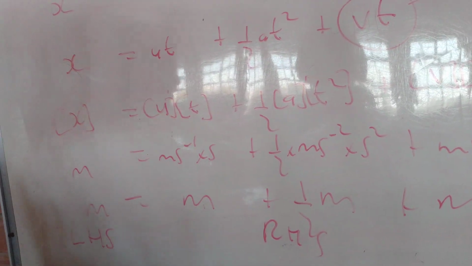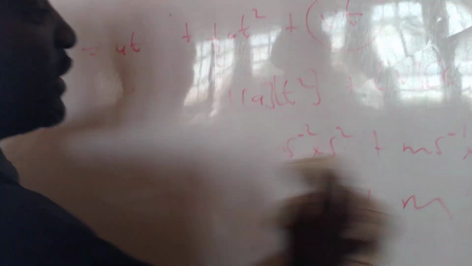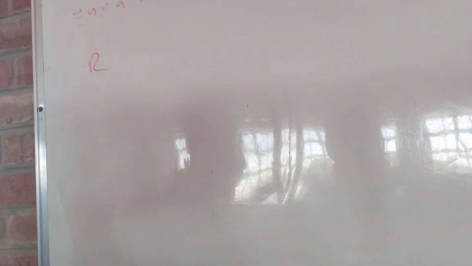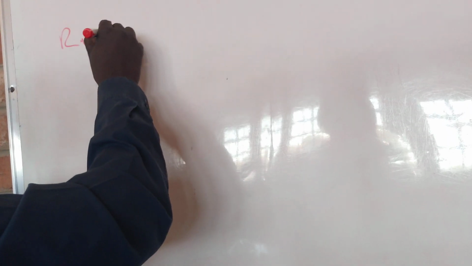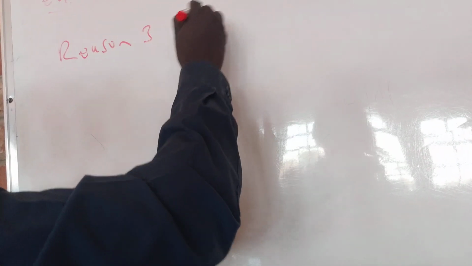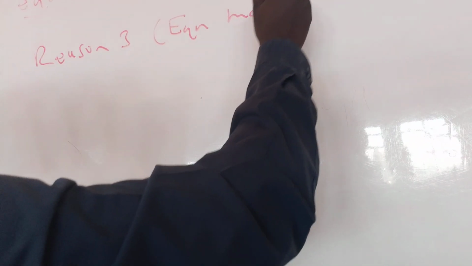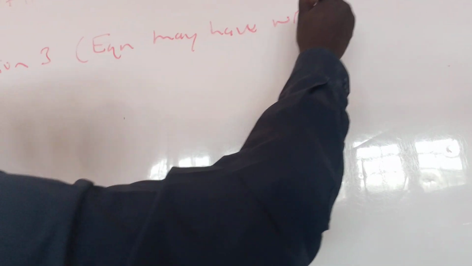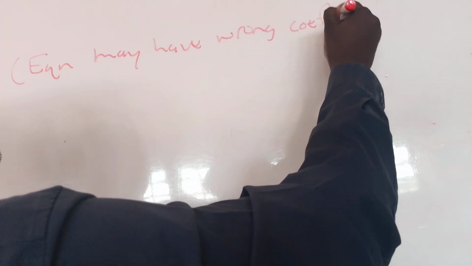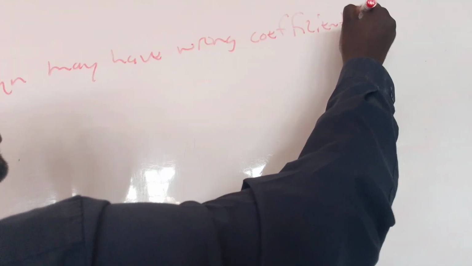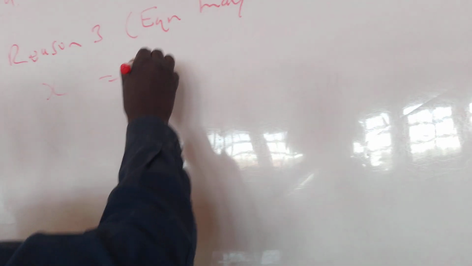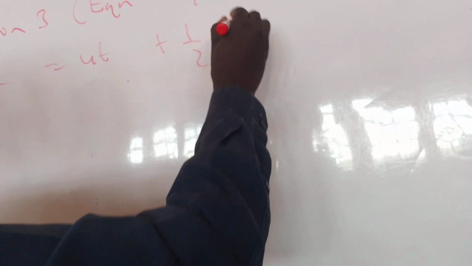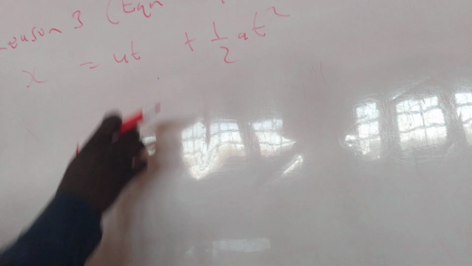Okay, third reason is that the equation may have wrong coefficients. Reason 3. Equation may have wrong coefficients. Still referring to x equals ut plus half at squared, this is the actual equation, the correct equation that was derived.